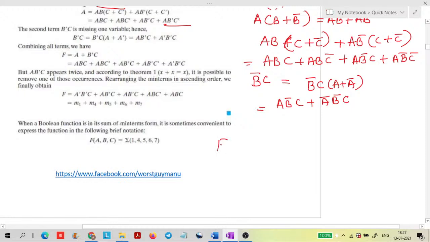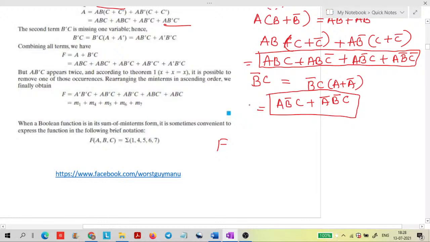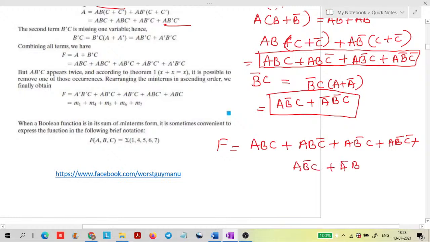Now combine both. This is for the first term, this is for the second term. So now combine both: ABC plus ABC bar plus AB bar C plus AB bar C bar plus AB bar C plus A bar B bar C. Total 6 terms, the first 4 and next 2.